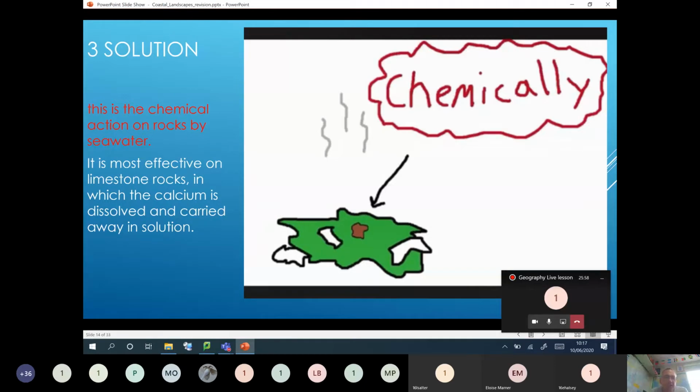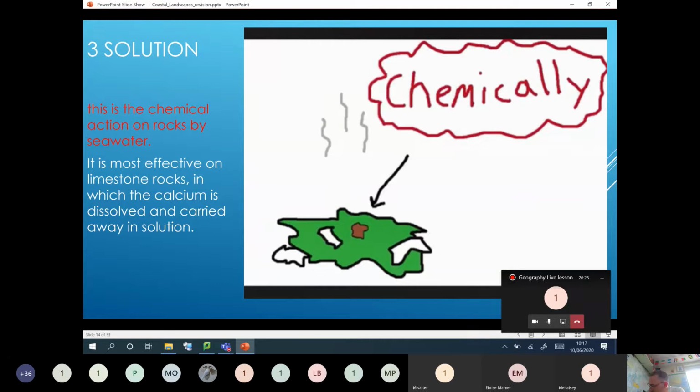It's a chemical action on rocks by the seawater. Seawater is naturally acidic. As we talked about last week, pollution is also adding to that acidity. Rocks such as limestone are particularly affected by this type of solution erosion. So our rocks are being dissolved by chemicals.